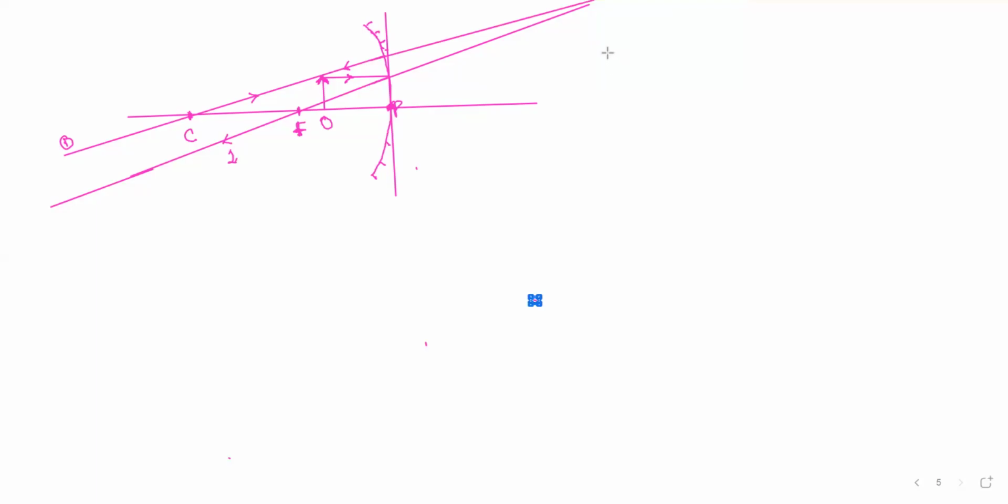As we do so, we realize that there is a possibility that the two reflected rays would appear to meet at the back of the mirror. Where they appear to meet will be the point where the image will be formed. So they will appear to meet here.